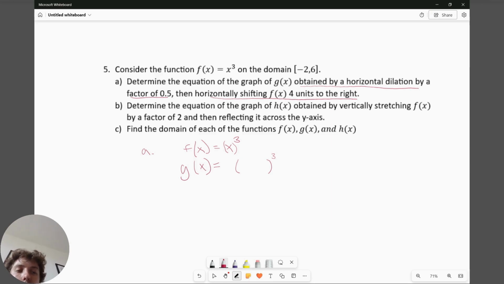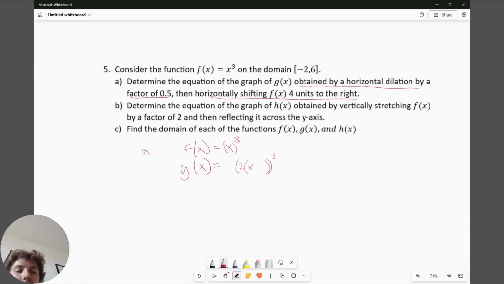Well, for part A, I have a horizontal dilation by a factor of 0.5. So remember, that means I would have a 2 on the inside multiplying with our x. And we also have the shift of 4 units to the right. Remember, though, whenever we have this dilation and this shift on the inside, we need it to be in factored form.